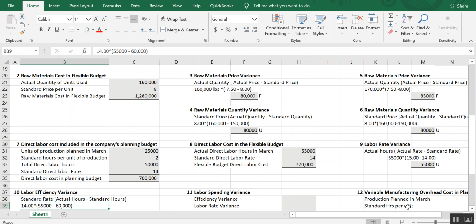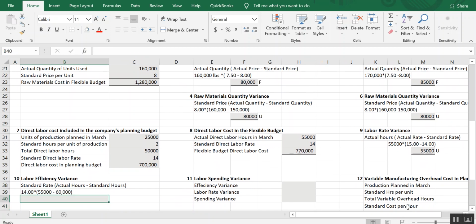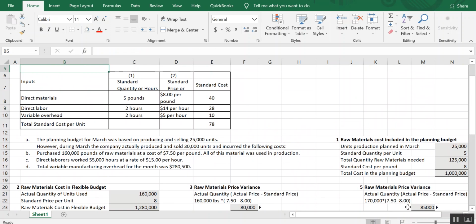The labor efficiency variance, however, is going to be based on a comparison between the standard rate times the actual hours minus the standard hours. So here's what we have. If we were producing 30,000 units, which is what we actually produced, and we use the standard hours for those units, that's the actual activity.